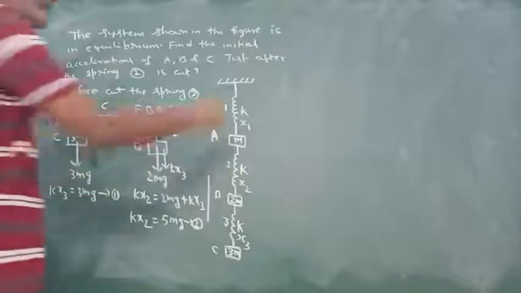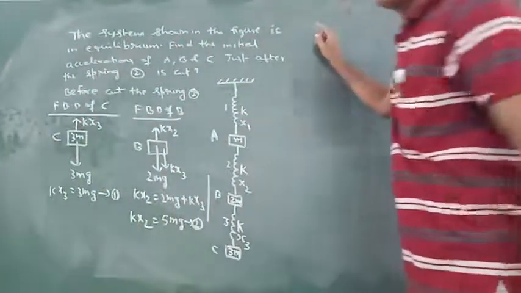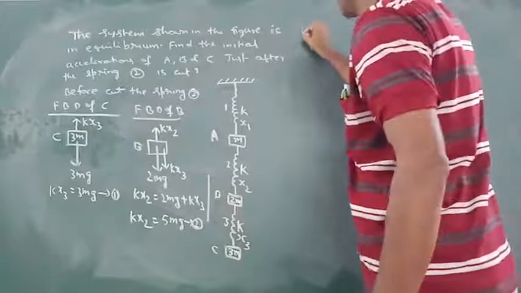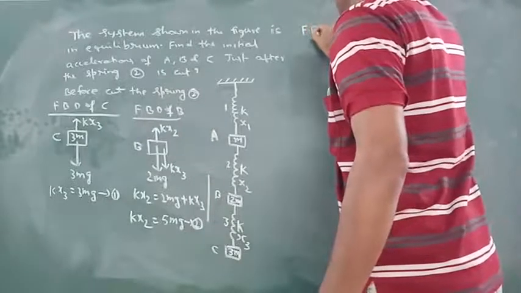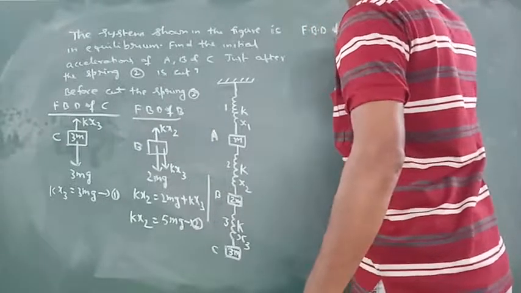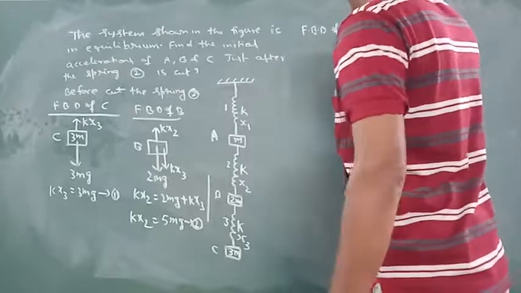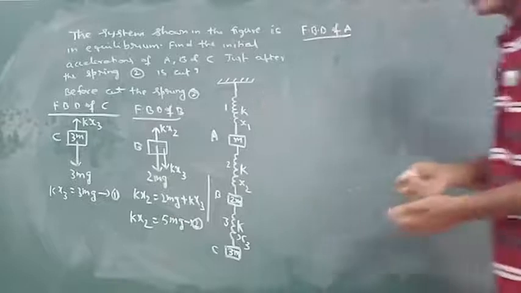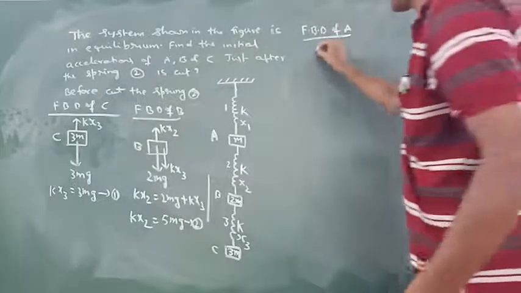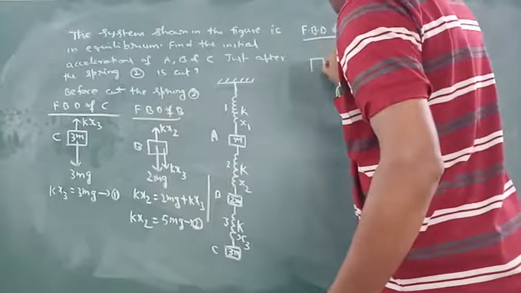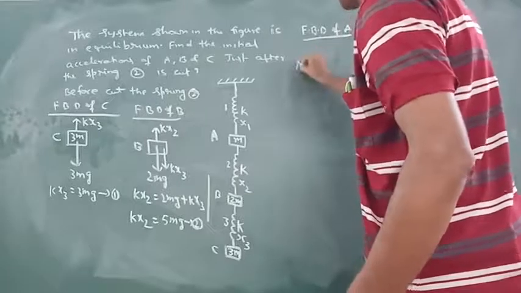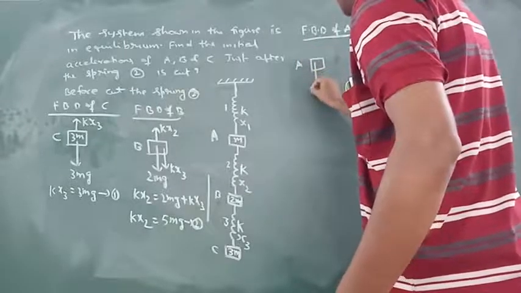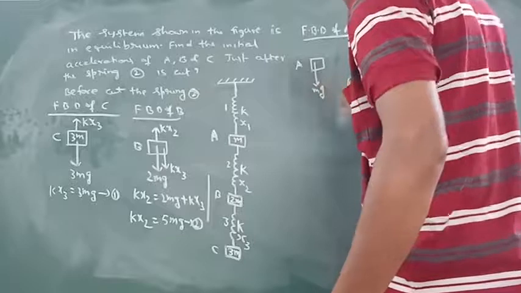Next, FBD of A. These three FBDs are before cutting spring number 2. Mass of A is m. Therefore, the gravitational force acting in the downward direction is mg.